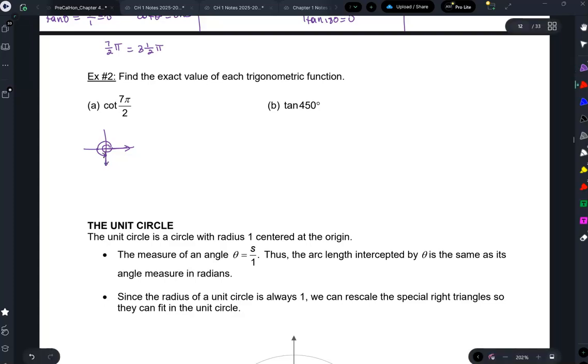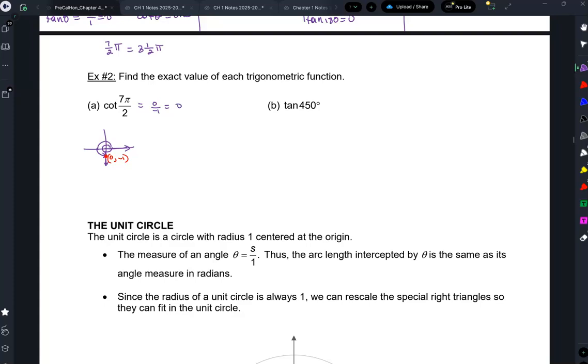So this is a quadrantal angle, okay? A sample coordinate point there would be what? Either 0, negative r, or 0, negative 1. Let's use the ones, because we practiced a little bit with the r's. 0, negative 1. Now, cotangent, remember, is x over y. So in this case, 0 over negative 1, 0.